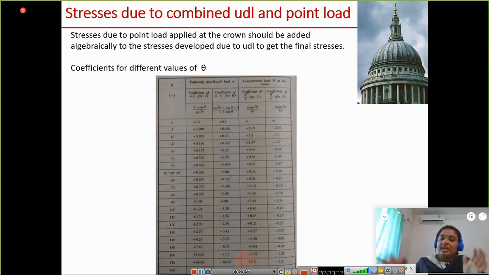So that is why we take WL square by 8. Here we don't know where exactly the maximum value will come, especially when we are going for the combination of loads. So that is why we are finding the values of the stresses across the different values of theta, and then finding out the critical value, and then doing the design for the critical values.